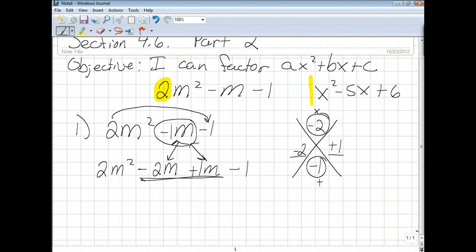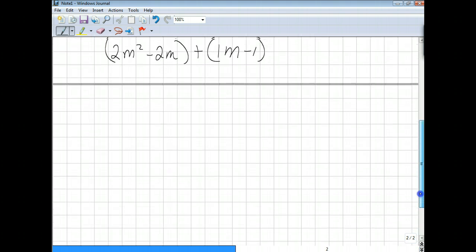And now what we do, notice that we have 1, 2, 3, 4 terms. So remember from yesterday, when we have 4 terms, we group 2 terms together, hopefully in such a way that the 2 terms have something in common. Okay, so we're going to group the 4 terms that way.